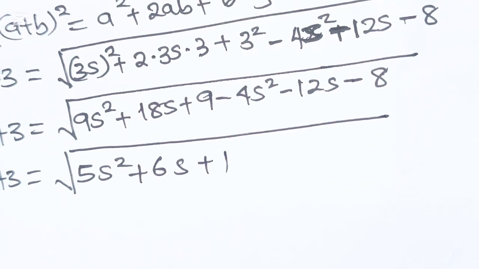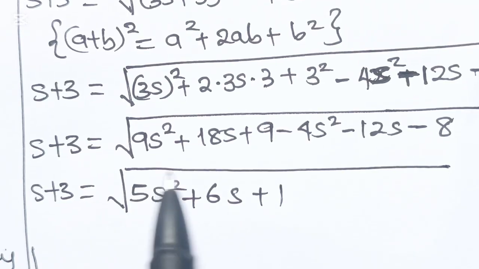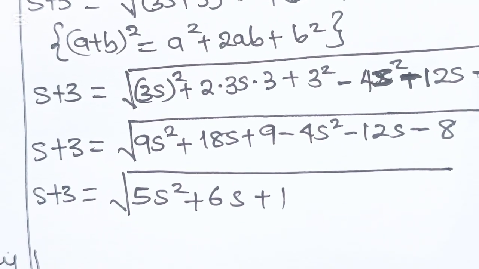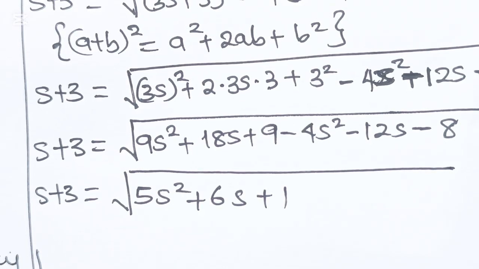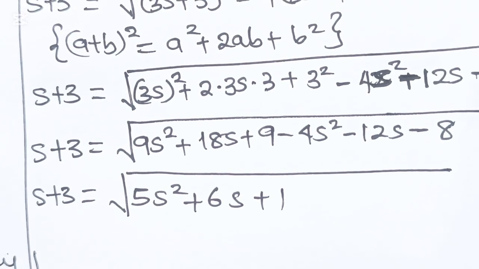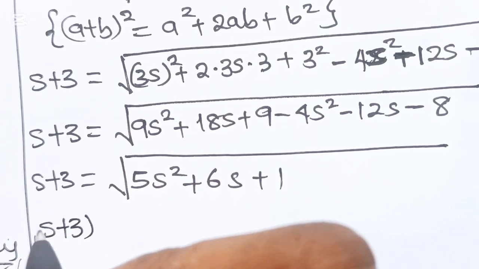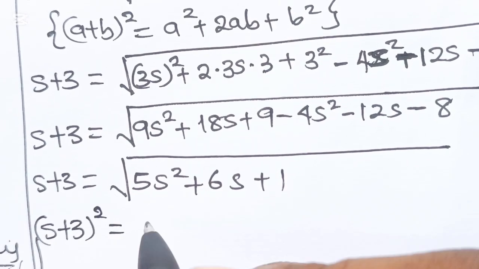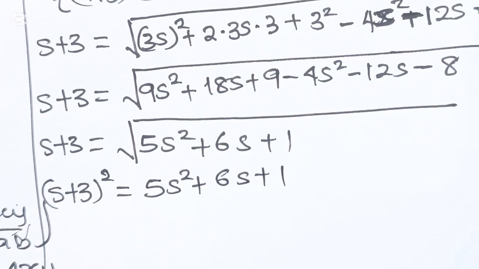Okay, at this point, let's take the square of both sides, because that is the only way I'm going to remove this square root. So if we take the square of both sides, we are going to have s plus 3 squared equal to 5s squared plus 6s plus 1.